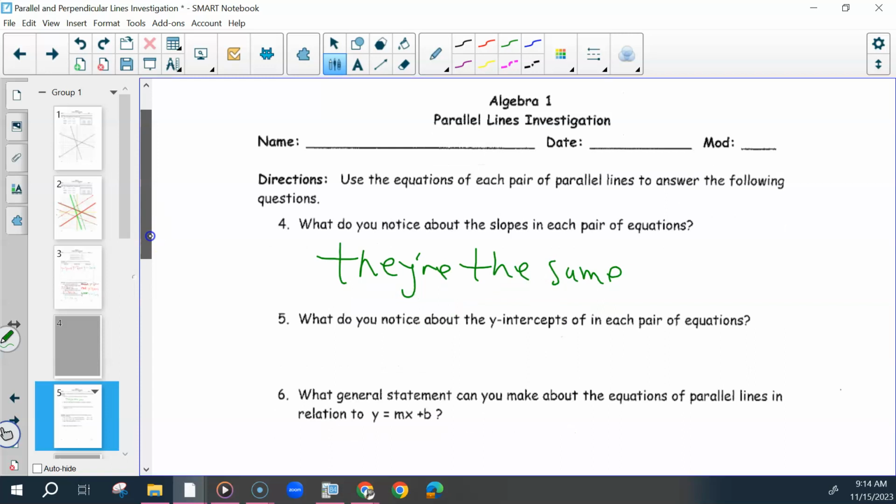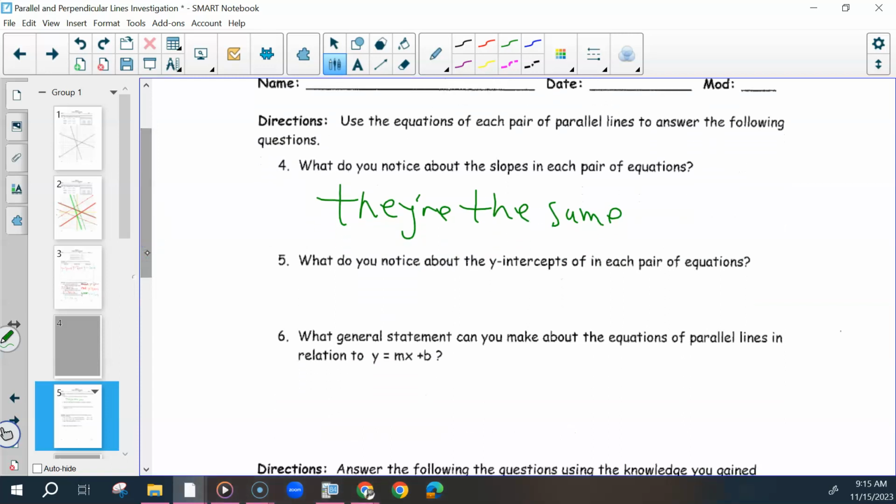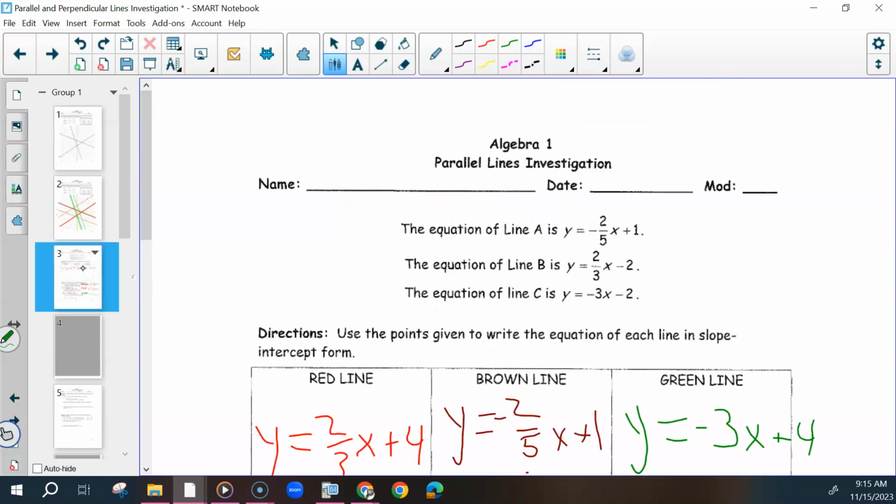What did you notice about the y-intercepts of each pair? The brown line, the y-intercept is the same, but the blue line is different.